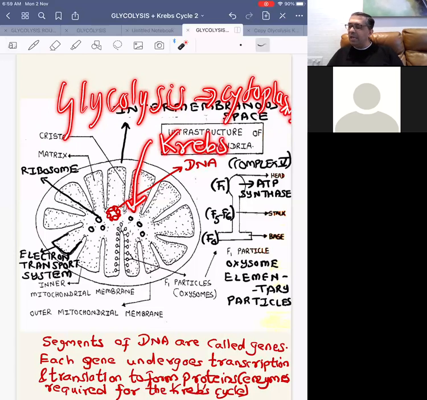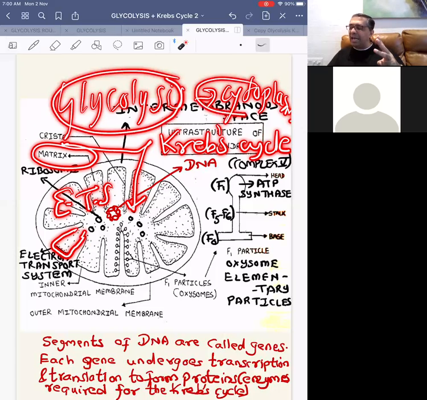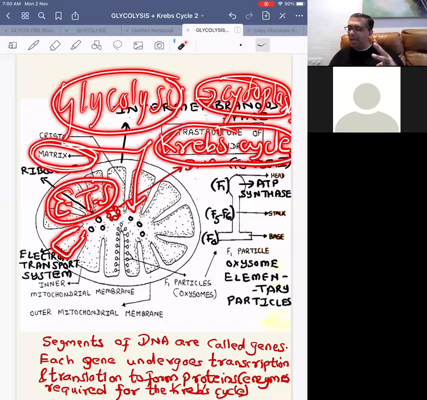Krebs cycle takes place inside the matrix of the mitochondria, and the third step, ETS, electron transport system, will take place in the inner membrane of the mitochondria. तो याद रखना, golden words में बता रहा हूं, glycolysis takes place in the cytoplasm, Krebs cycle takes place in the matrix of the mitochondria, and ETS, electron transport system, takes place on the inner membrane of the mitochondria.